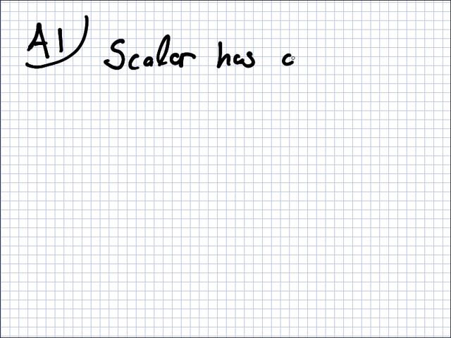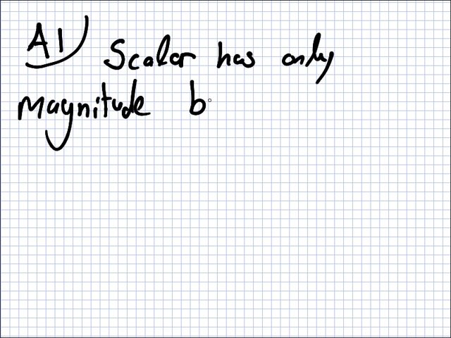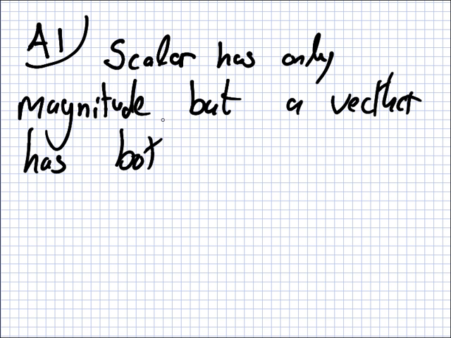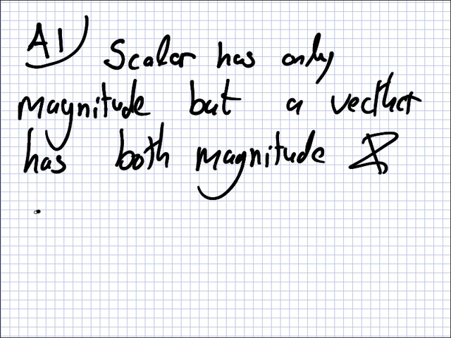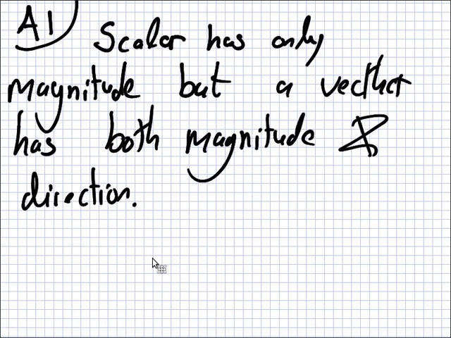Scalar has only magnitude, but a vector has both magnitude and direction. Right, how many marks is that? 4. No.